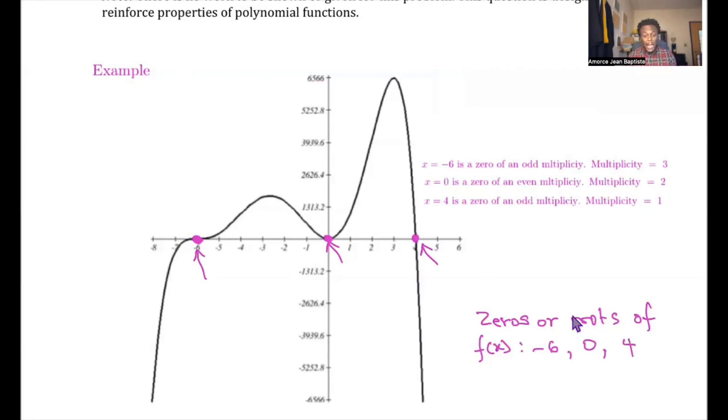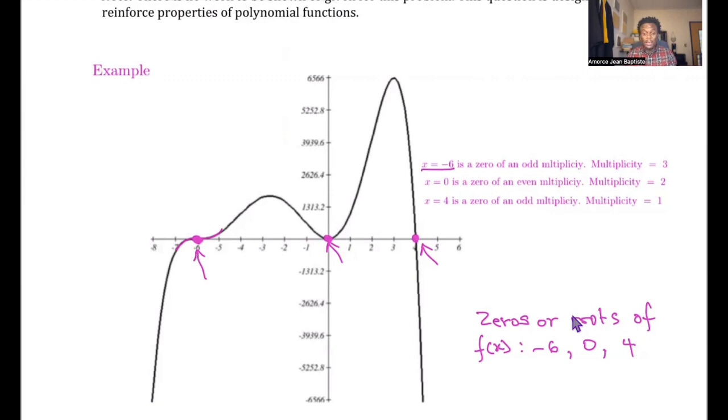Now we can tell what happens in each situation. At x equals -6, we can see that the curve slowly crossed the x-axis, but it crossed it. Now we will talk later about when the cross is slower and when the cross is quicker.